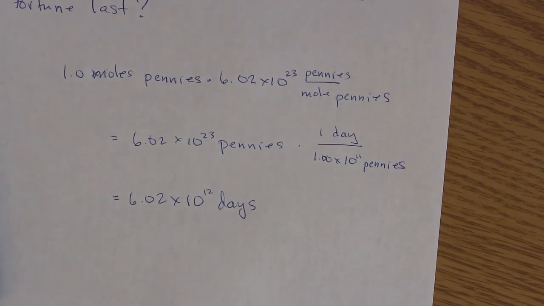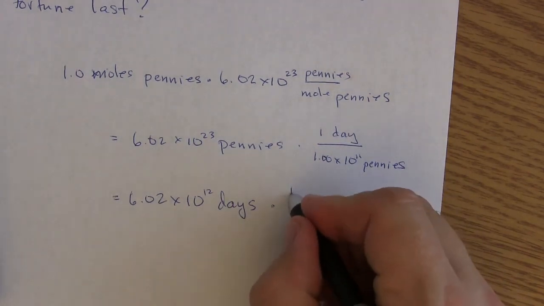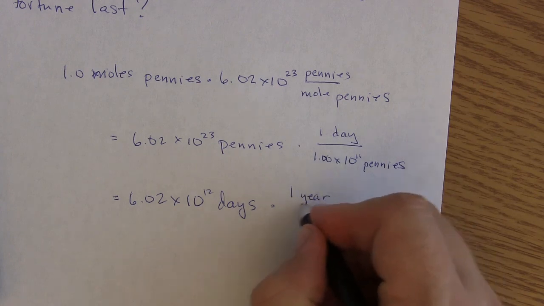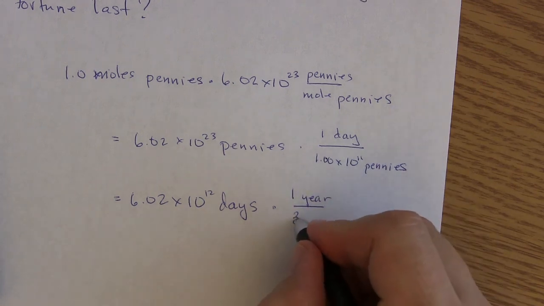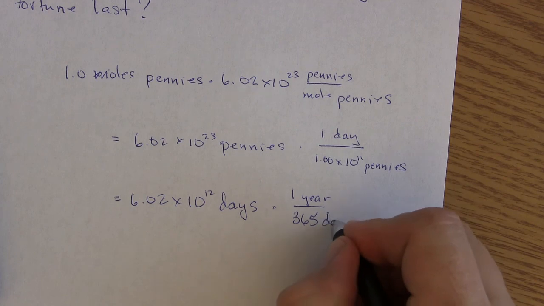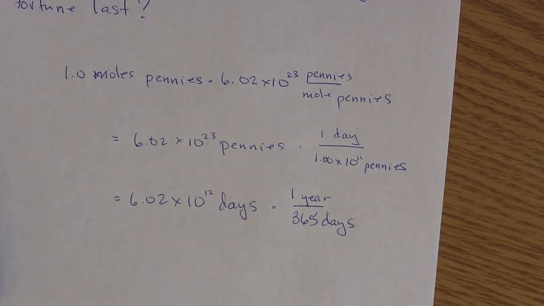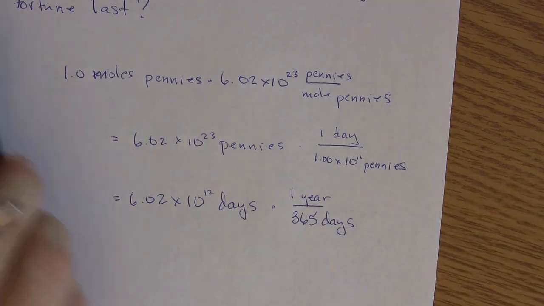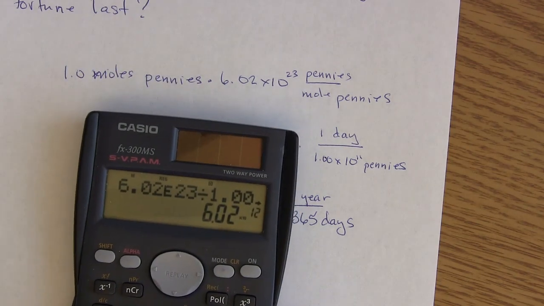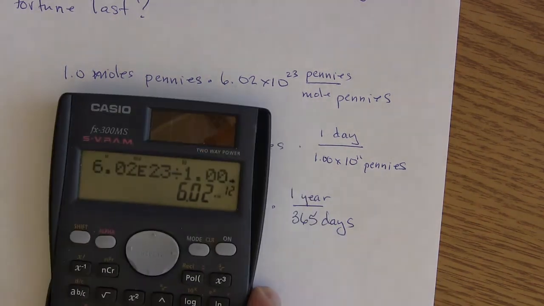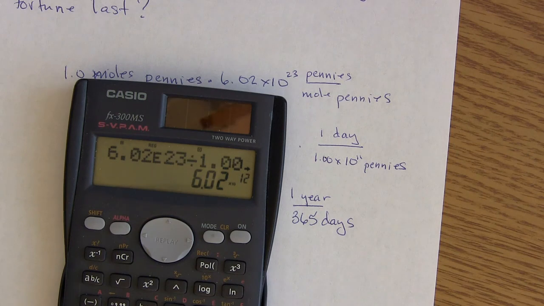Now, I don't know how to think about 10 to the 12th days, so let's take it and say 1 year is 365 days. And we'll go ahead and then divide that. So we'll take our 6.02 times 10 to the 12th. We'll divide that by 365.